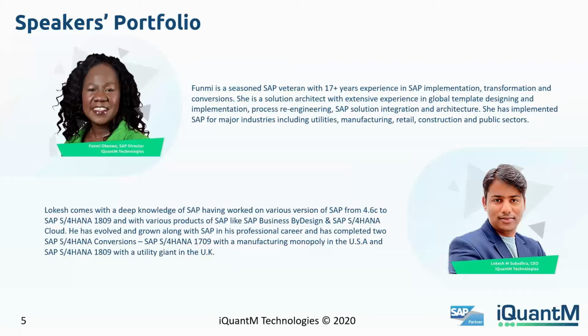Both Yumi and Lokesh have traveled across the globe, interacting and helping enterprises set up their ERP systems. With more than 5 successful SAP S4HANA conversions between them, most notably a manufacturing monopoly in the US and a utility giant in the UK, Lokesh and Yumi are brimming with knowledge to share from their experiences in personally handling high-budget SAP S4HANA conversion projects.